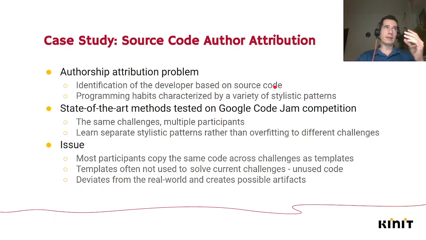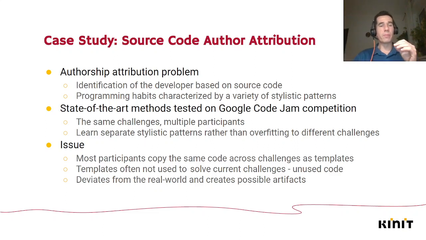There are programming habits of every programmer characterized by stylistic patterns, and what the model can do is pick up on these stylistic patterns and determine who is the author of the code, for example for plagiarism detection or other use cases.